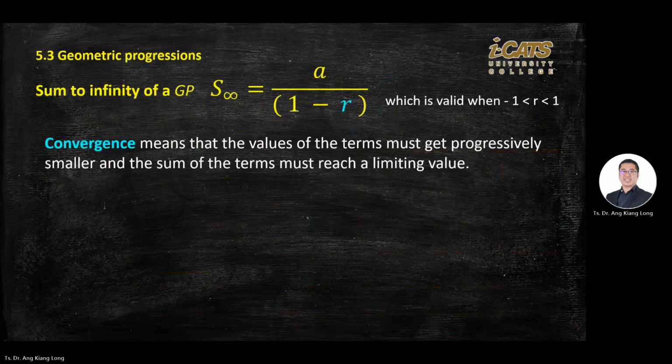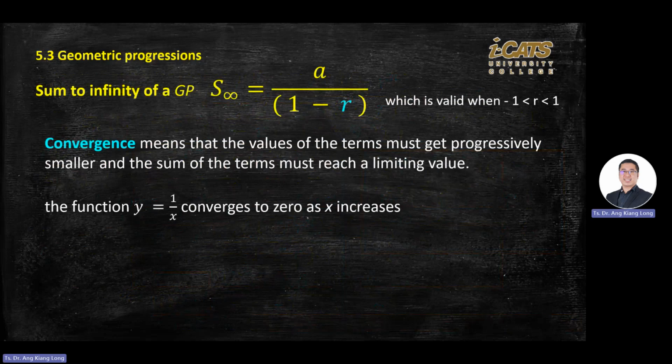So the function y equals 1 over x converges to 0 as x increases. If x gets bigger and bigger, y becomes smaller and smaller, so it will be near to 0 if x keeps increasing.